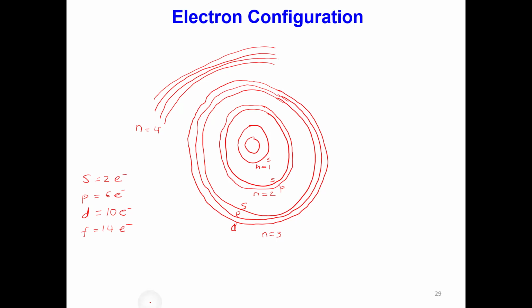The subshells are S, P, D, F. Then if we add all of this one, we will have 32. Then n equal 4 can hold 32 electrons. Yes, it's 18 plus 14 will be 32 electrons.